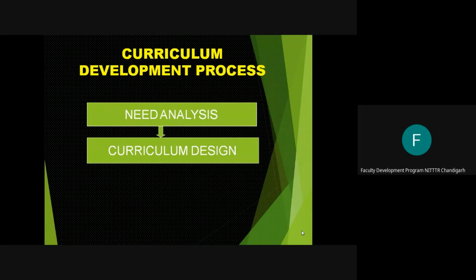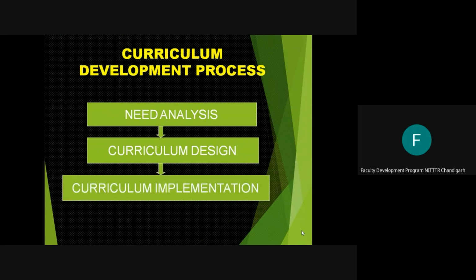I hand it over to my client, and then we come to the third stage. That stage is called the curriculum implementation stage. So the curriculum has to be implemented. The students have to be trained. So in curriculum implementation, the students attend the classes. The students attend the lab session.